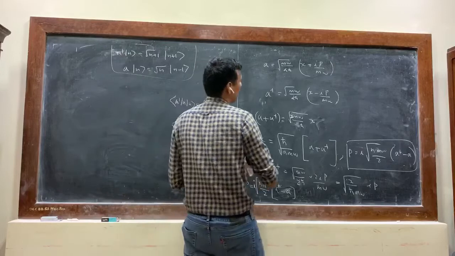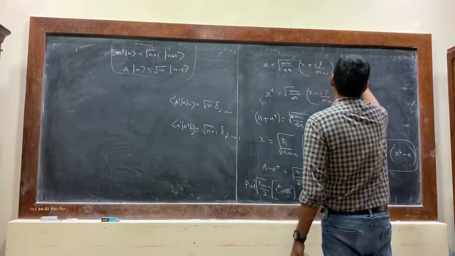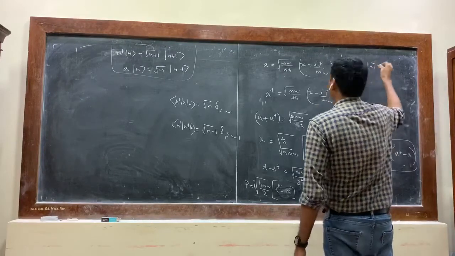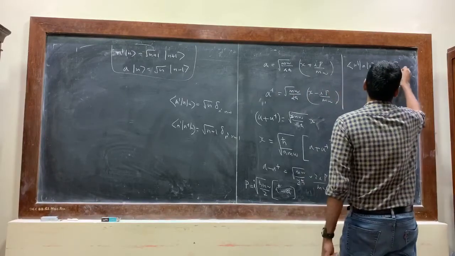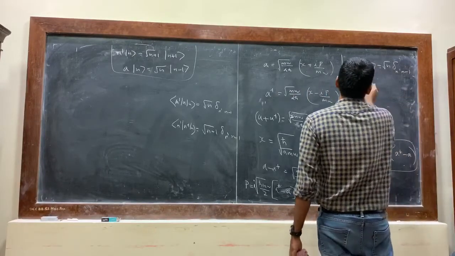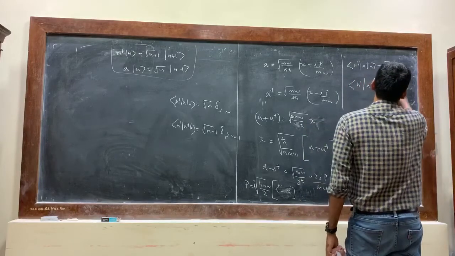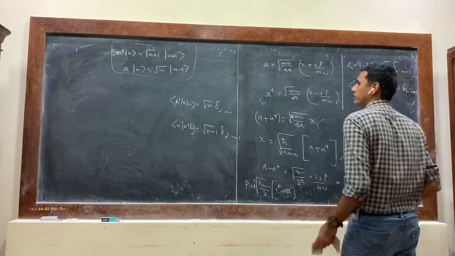So I can write that here: ⟨n'|a|n⟩ is equal to square root of n times delta n' n−1, and ⟨n'|a†|n⟩ is square root of n plus 1 times delta n' n+1. Okay.